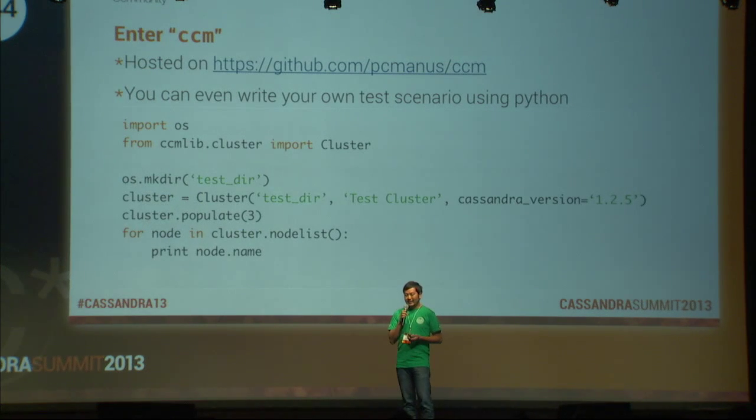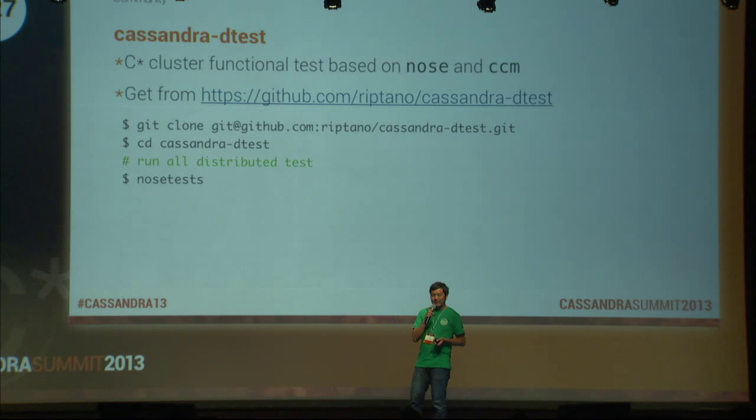It is hosted on GitHub, and the nice thing about CCM is you can use it to script your own test suite. Here's a simple example to just list all the nodes, but it is really nice to have this kind of tool. In fact, we have a distributed test suite called Cassandra DTest, and it is also hosted on GitHub.